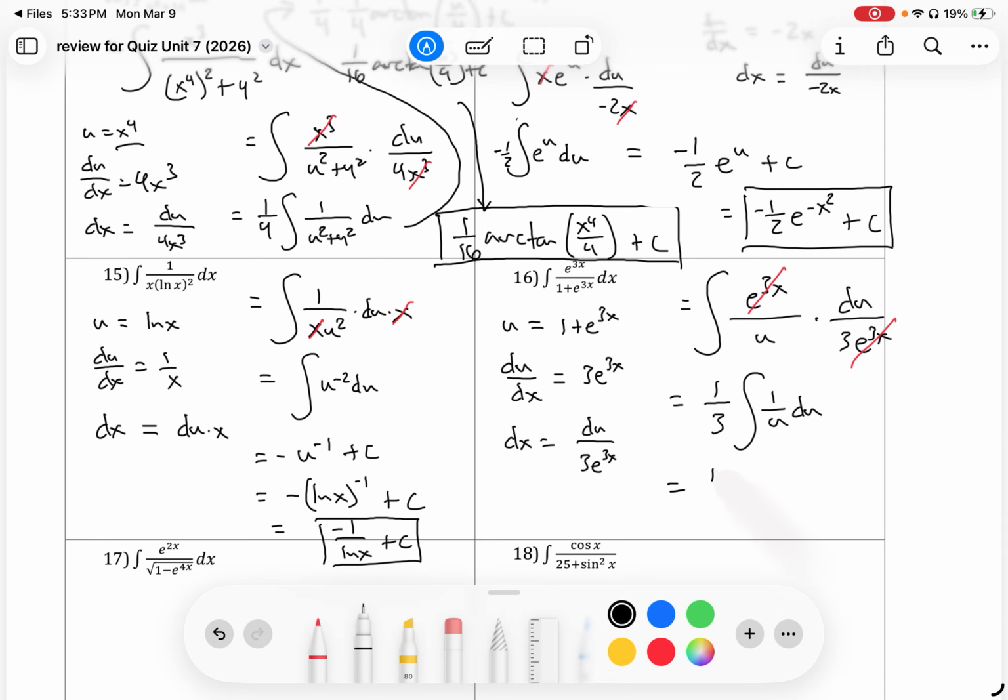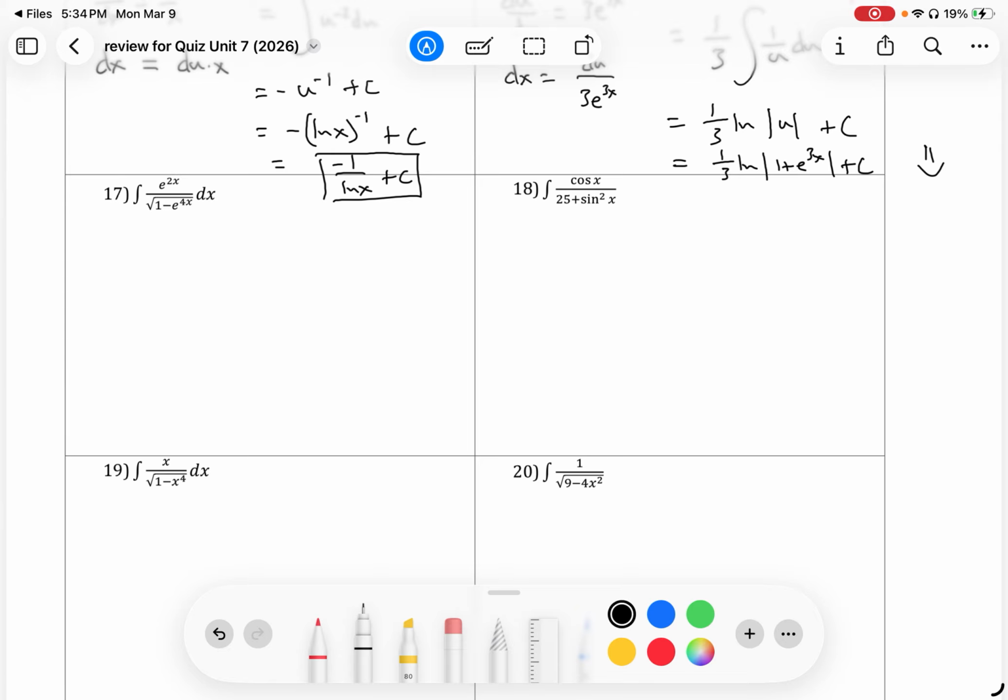That just becomes 1/3 ln absolute value of u plus c. And that is 1/3 ln absolute value of 1 plus e to the 3x plus c. Really having trouble keeping up here, but that's all right.